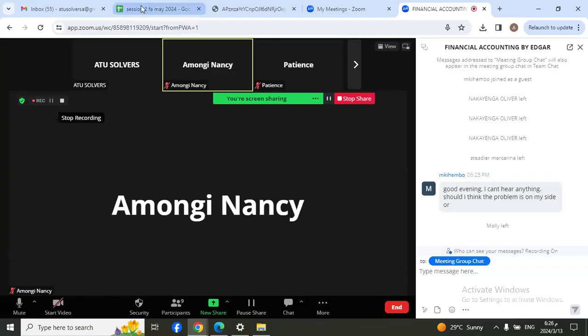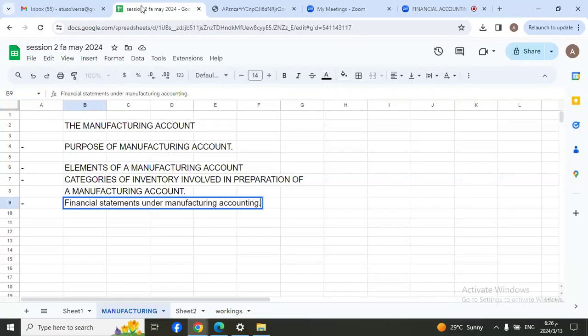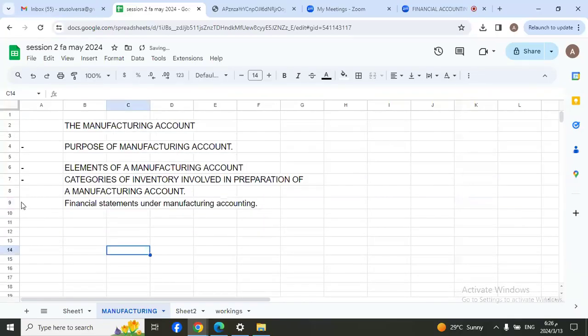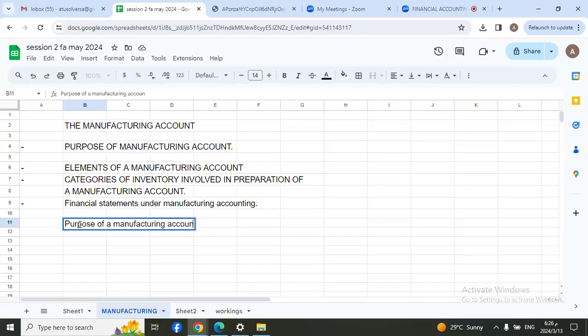So, these are the main things they are going to ask you. We are starting with our Roman 1, which is the purpose of a manufacturing account.